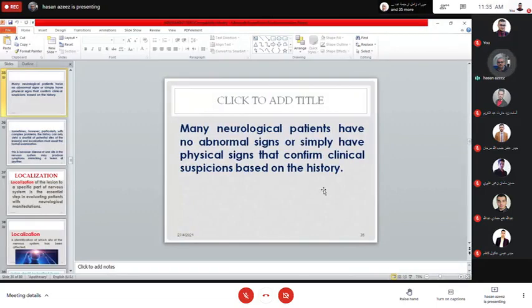Many neurological patients have no abnormal signs, like in seizure. Even if we find abnormal signs, they are signs of the cause rather than of the seizure. Or patients simply have physical signs that confirm clinical suspicion based on history. That's why history is the most important step, definitely more important than examination.